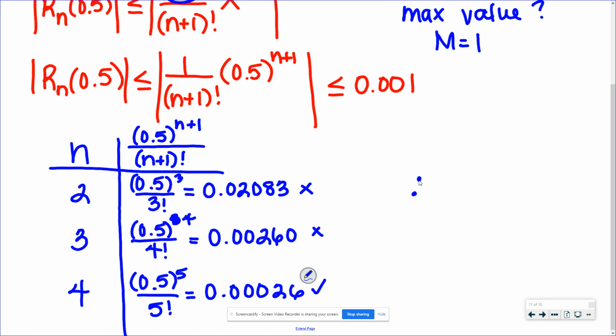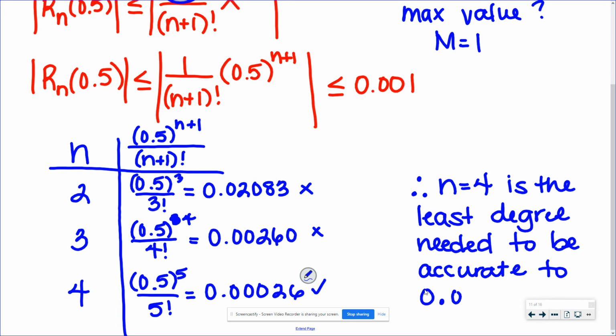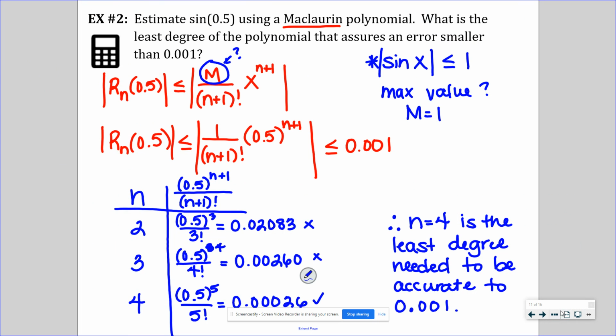Okay, so we're going to say, therefore, n equals 4 is the least degree needed to be accurate to 0.001. Okay, so that is an example of how to find your error value when the maximum is not given, but also when you're looking for the value of n.